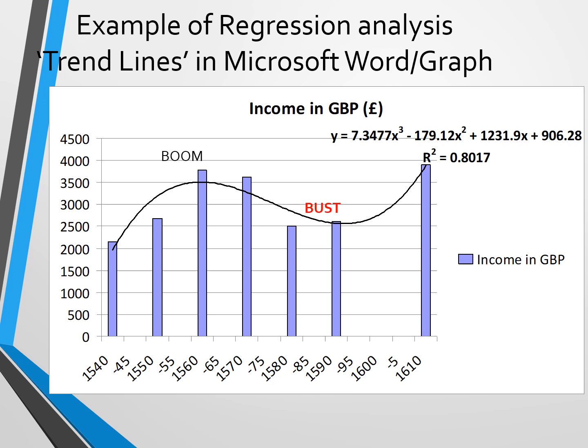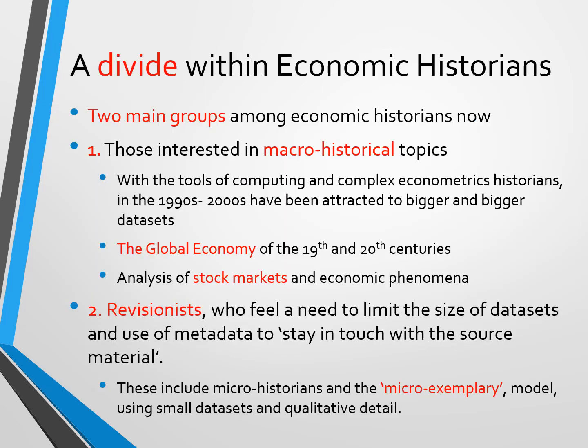The problem is, by the time we're at the level of using regression analysis, we are a very long way from what's actually written in the source material. And this, of course, makes some social scientists very uncomfortable.